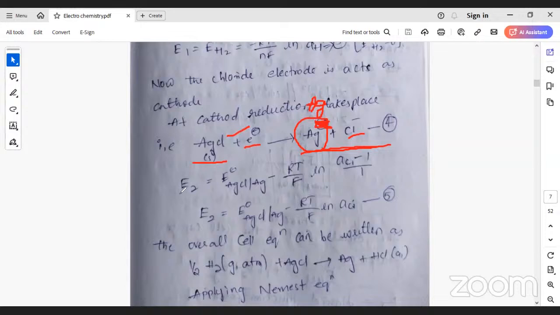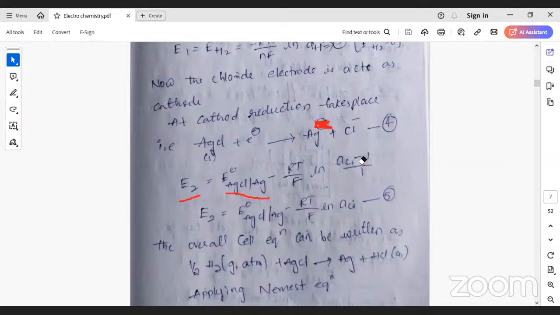Now apply the Nernst equation, that is E2 is equal to E of AgCl converting to Ag. The representation is AgCl by Ag, minus RT by F ln activity of the product, that is activity of Cl minus into 1 divided by 1, because Ag is a solid and AgCl is also a solid.